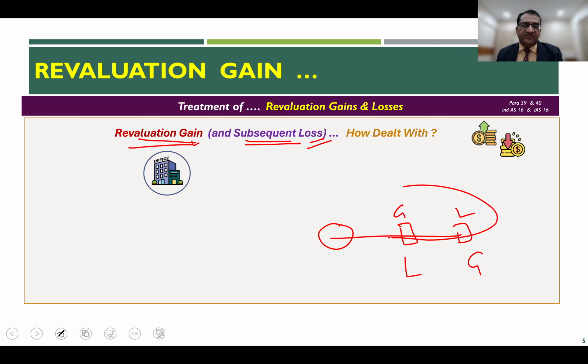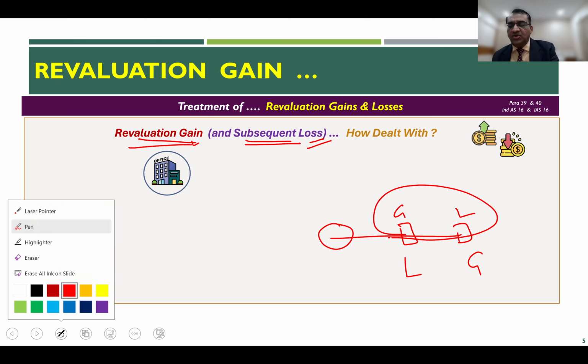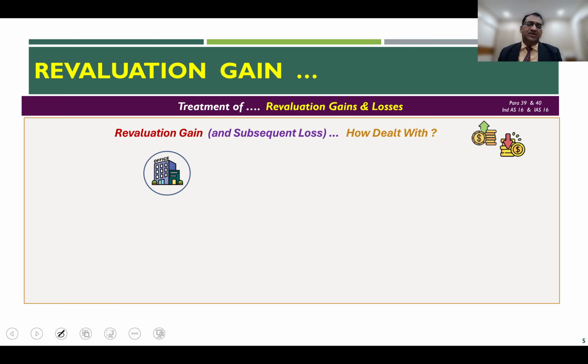So first look at the scenario where you start with a revaluation gain and then how the subsequent revaluation loss is dealt with. This is all given in paragraphs 39 and 40 of Ind AS 16 and IAS 16 from an IFRS perspective.